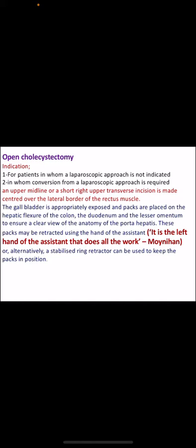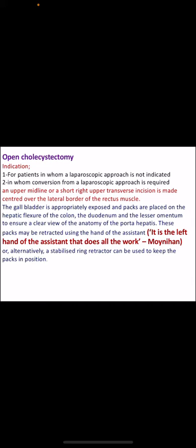In the open method, we either do a midline, right upper transverse incision, or Kocher's incision, the subcostal incision, and we approach the cholecystectomy. اكو عبارة مأثورة بالنسبة للأوبن cholecystectomy.